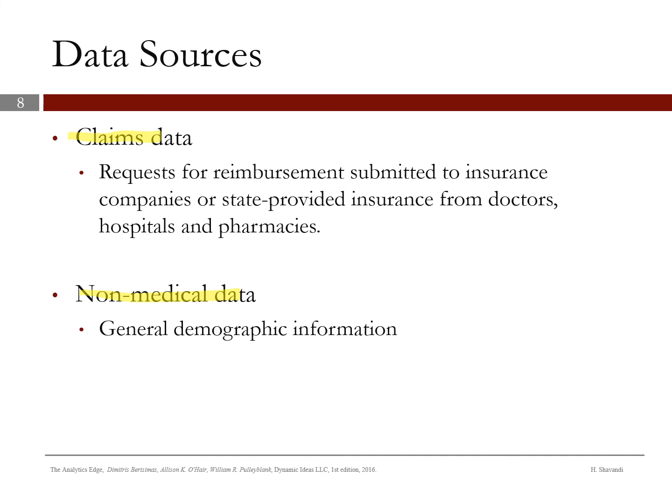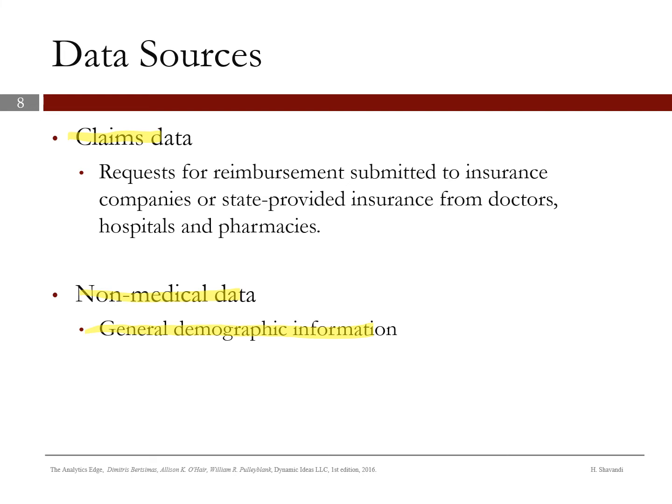Okay, so usually the insurance companies have standard form for receiving data, so it's more structured and they are available. So one available source here could be the claims data, and the second available data source is non-medical data like the general demographic information.